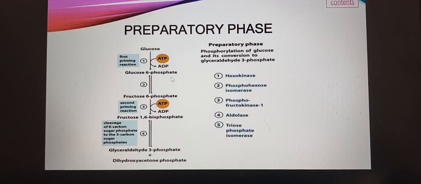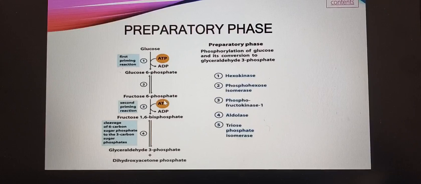Now in the second step, glucose 6-phosphate is converted into fructose 6-phosphate by the catalysis of an enzyme. Here fructose 6-phosphate is the isomer of glucose 6-phosphate.